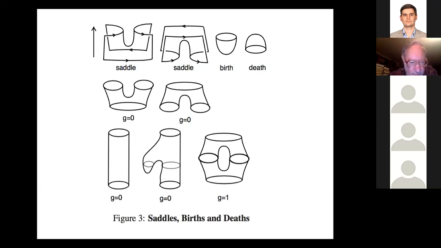In the other one, if time goes up the page, then what happened was that a circle got born, and then it underwent a reconnection with the other circle and became one circle, and that's at the top. Or if you went from top to bottom, a circle underwent a reconnection, and then one circle died and the other one survived. But other things can happen. You could give birth, as on the right, to two circles, and then those two circles could go through a saddle point and die.